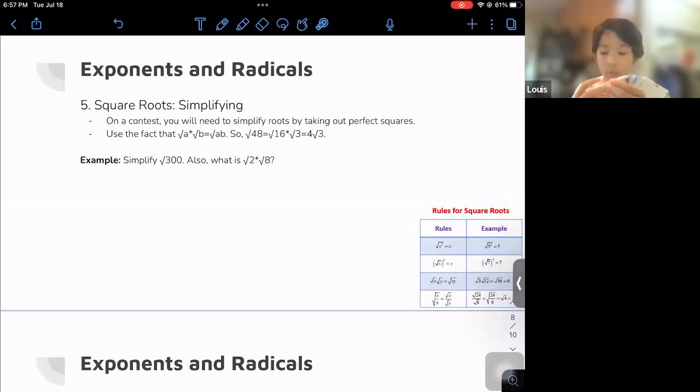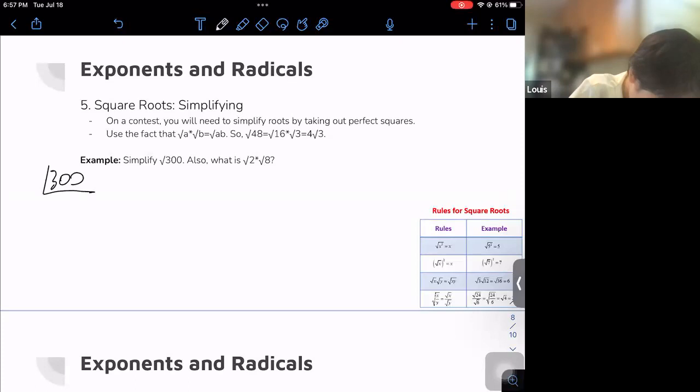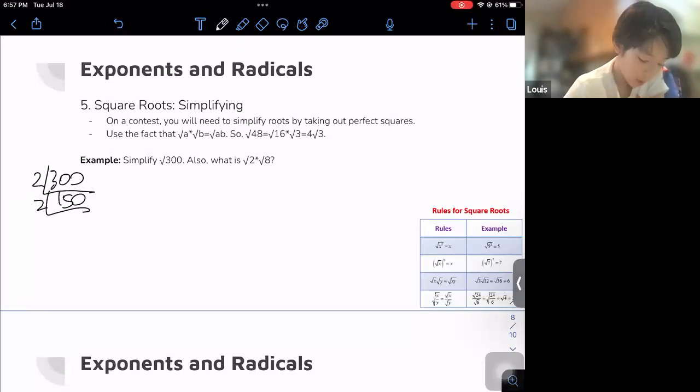So for root 300, the prime factorization of 300 is just this. It takes out a 2, giving 150. Another 2 gives us 75. If we take a 3, it gives us 25.